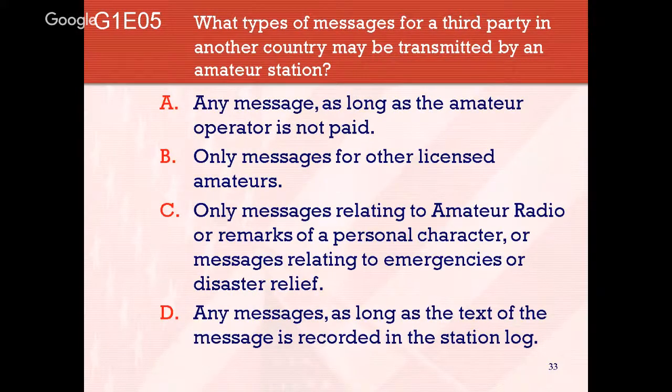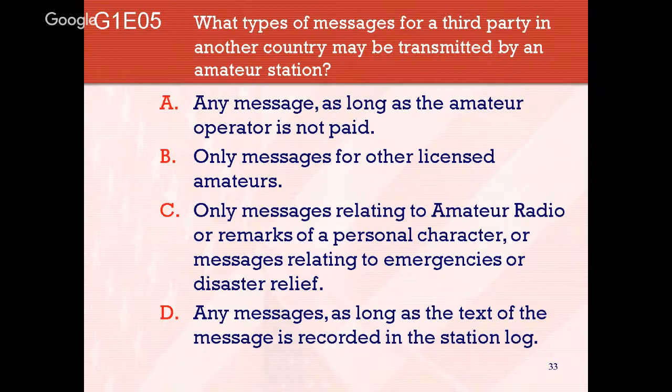What types of messages for a third party in another country may be transmitted by an amateur station? Again, this is one of those you have to be very careful about. When you look at B, it says only messages for other licensed amateurs.